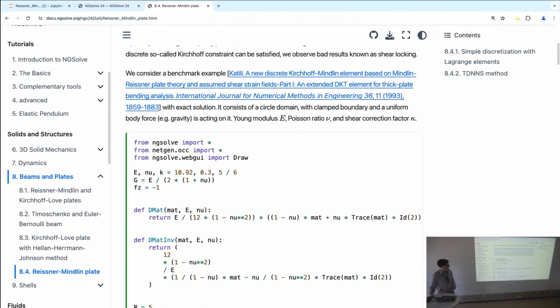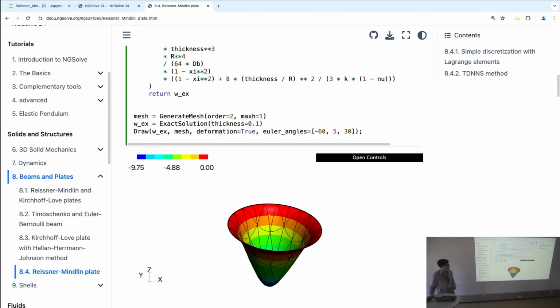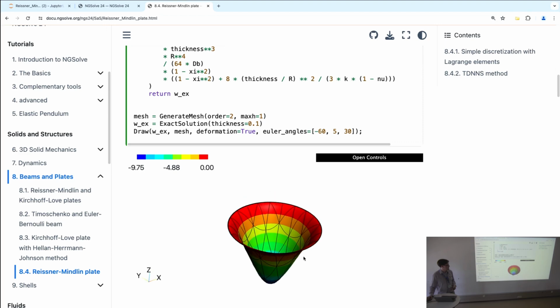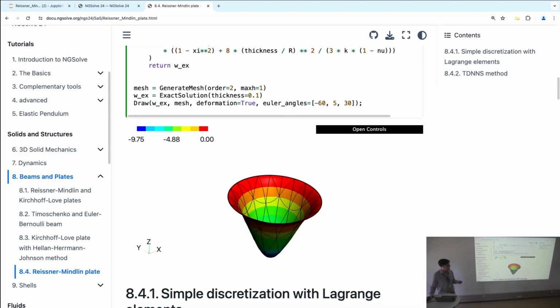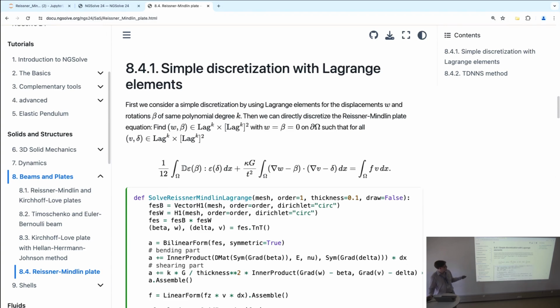So I have here a simple example of a Reissner-Mindlin plate with an exact solution. We clamp it here on the cylinder, and we see we have a force, and it gets blown up a bit. And the first thing one might think of is, let's discretize it just with Lagrangian elements, just Lagrangian 1, for example, for the displacement and the rotation.